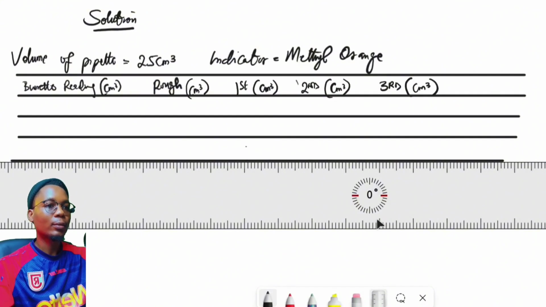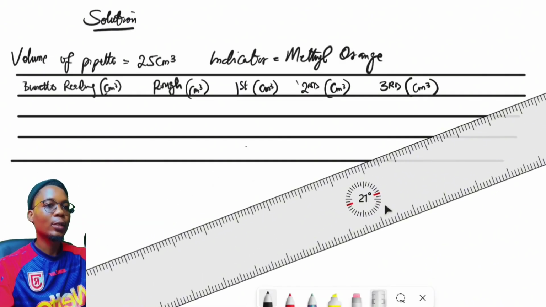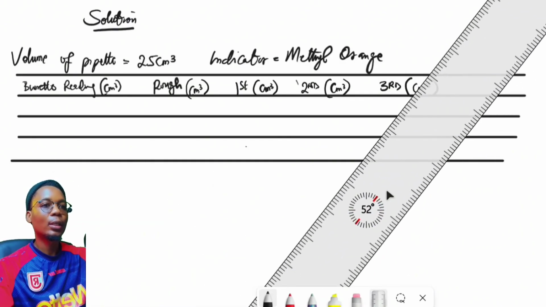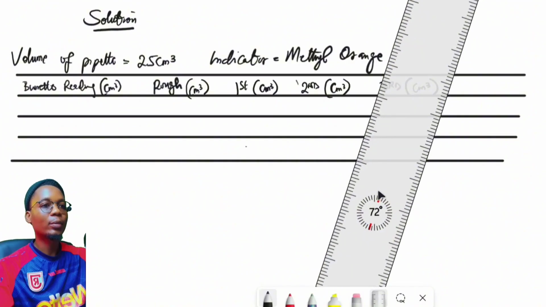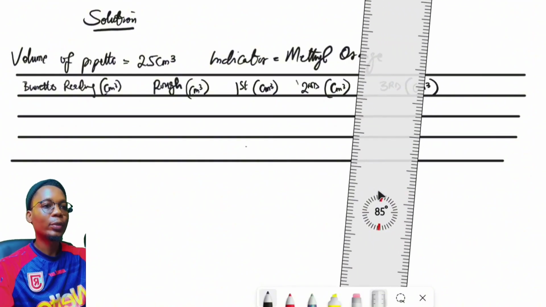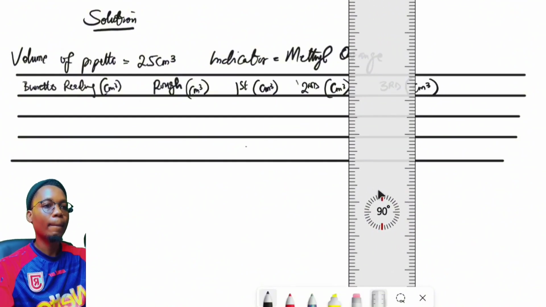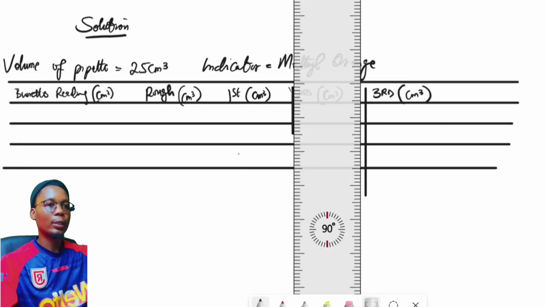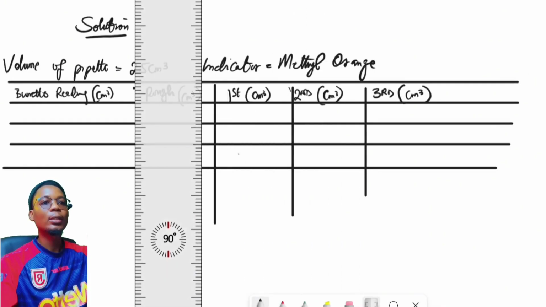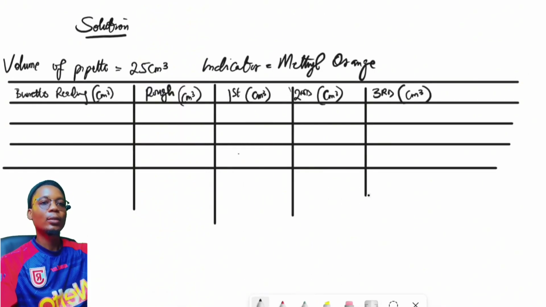We're going to now draw lines on our table to actually separate them. After we are done with this, this is going to be our final burette reading.